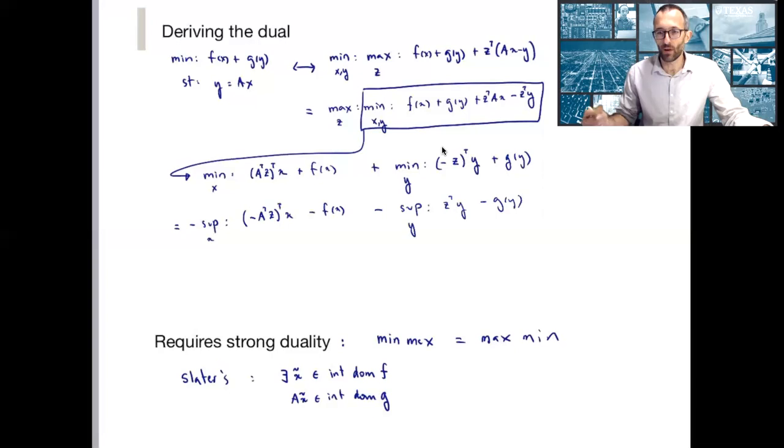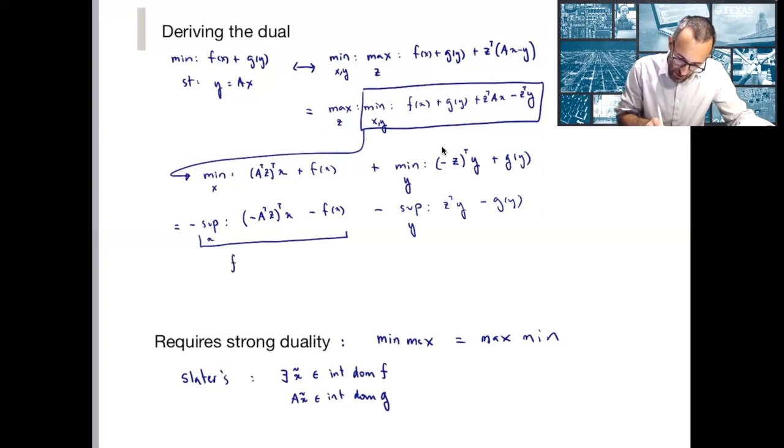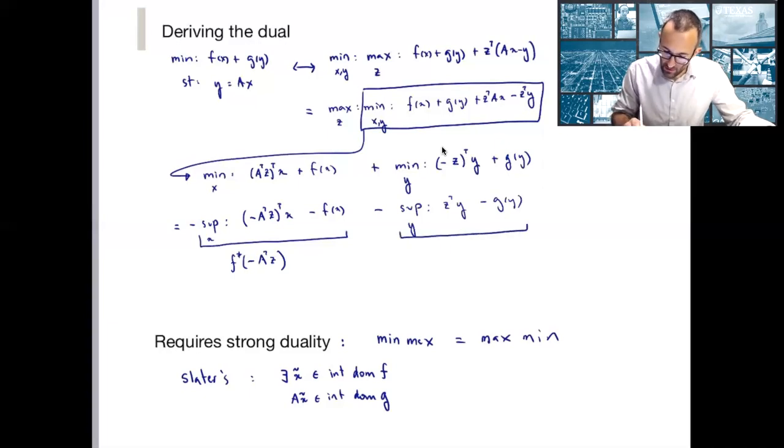And indeed, this is now exactly the form that I want. So this is exactly f star evaluated at the point that is multiplying x. That's minus A transpose z. I have this minus sign outside, so I'll write that later. And this is exactly g star of z.